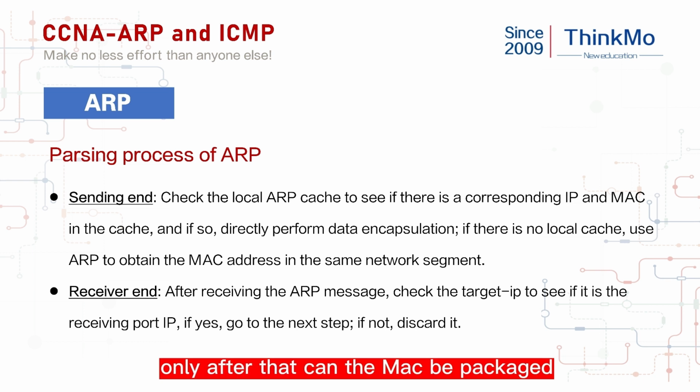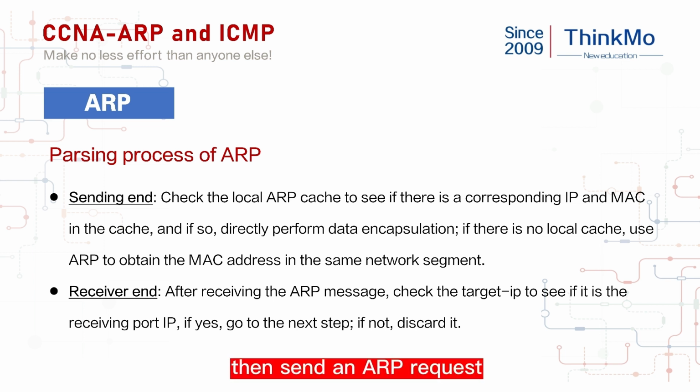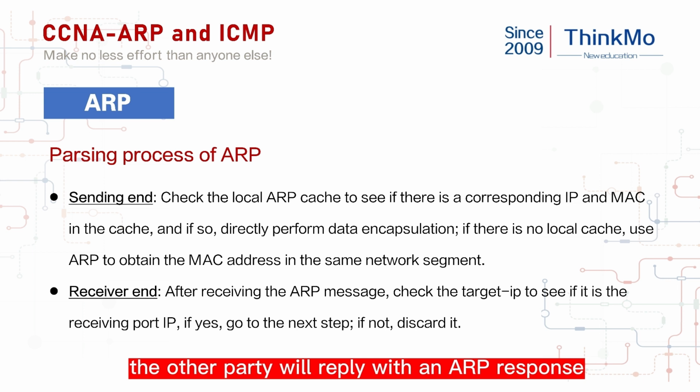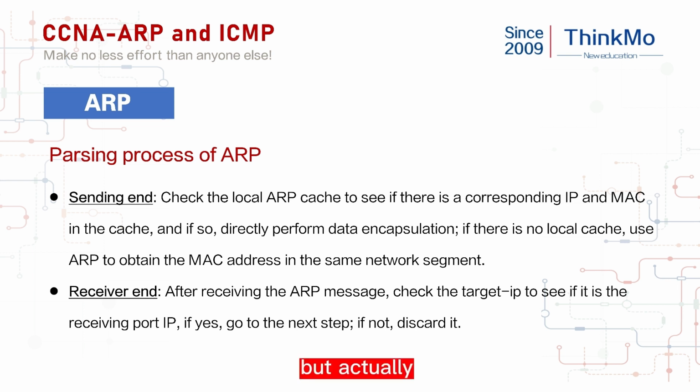Only after that can the MAC be packaged. Then proceed to the next step. Implement this operation. Then send an ARP request. The other party will reply with an ARP response. This is the query we're talking about. But actually, before we borrowed ARP to achieve MAC address capture, first, check the local ARP cache.